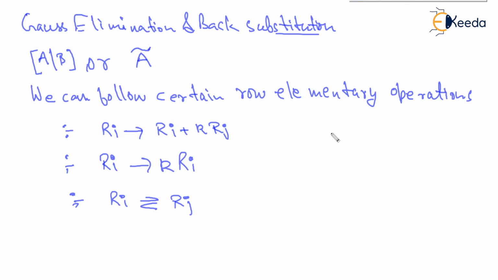It doesn't matter if you are writing the first equation first and then the second equation. If you have two equations, let's say equation 1 and equation 2, does it matter if you write the first equation as row 1 and the second equation as row 2? What if we exchange them, writing equation 1 in row 2 and equation 2 in row 1? Will that not give the same solution? It will give the same solution, right?